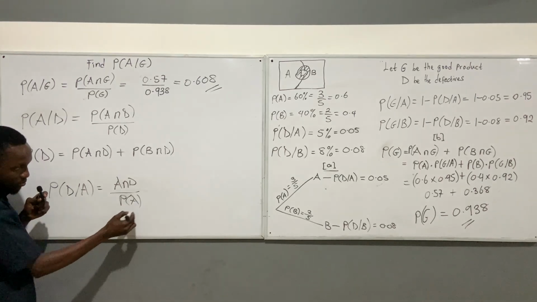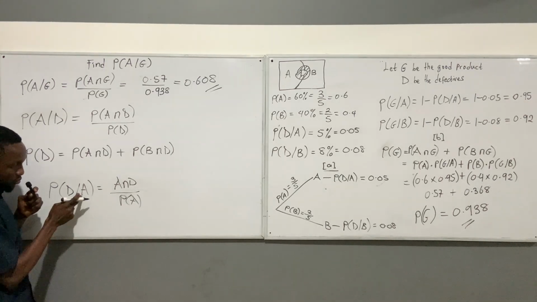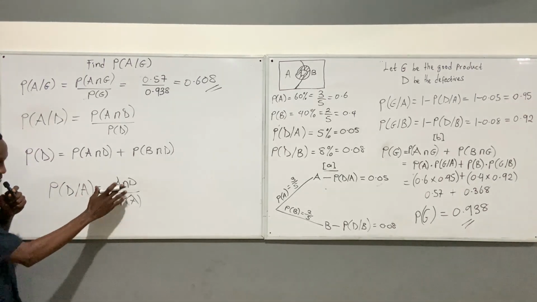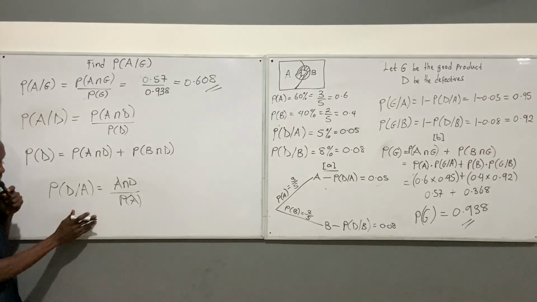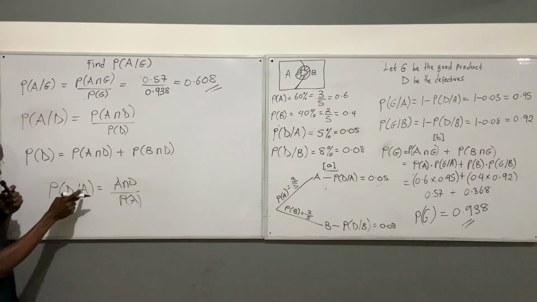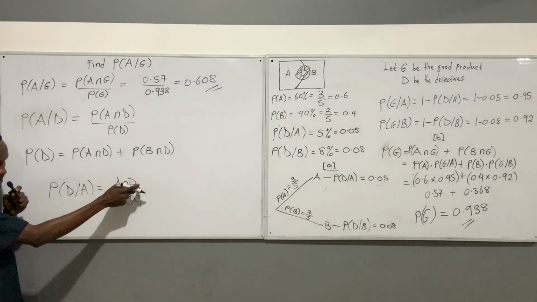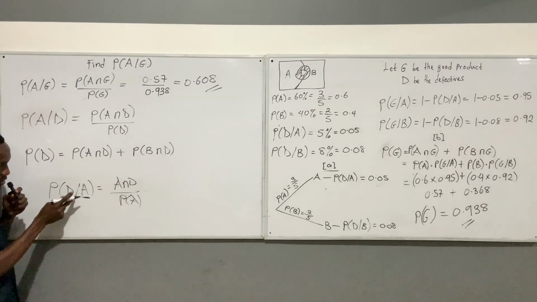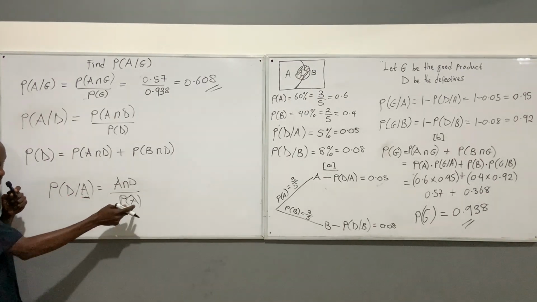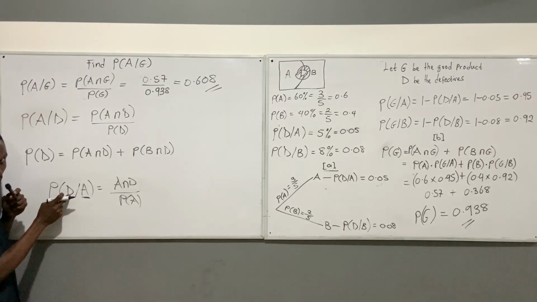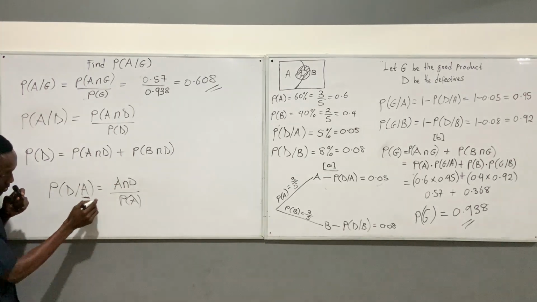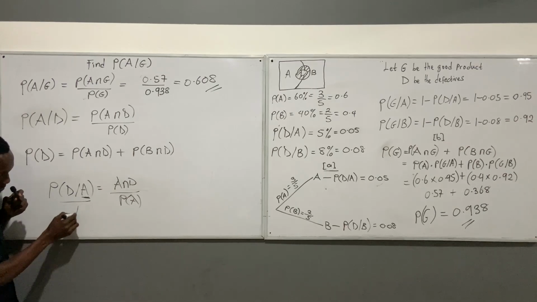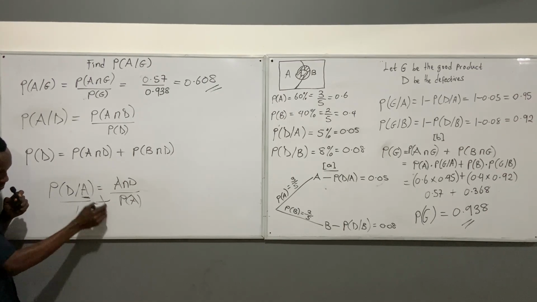We are conditioning on supplier A. So this is how you write the conditional probability formula, okay? If it is D given A has occurred, then A intersection D over the probability of A, because we are conditioning on this one. If you interchange the variable, you are conditioning on this one, okay?